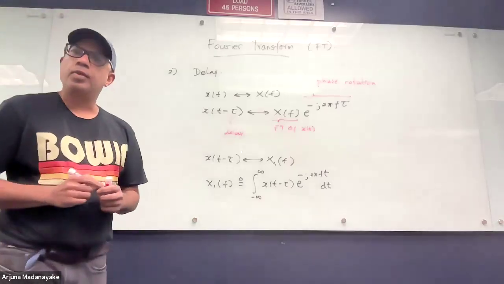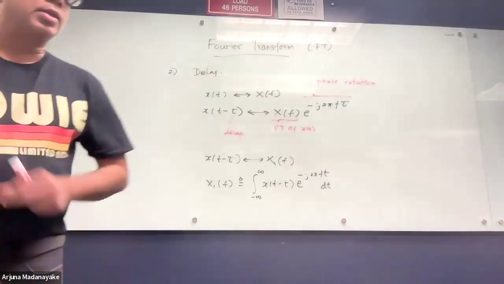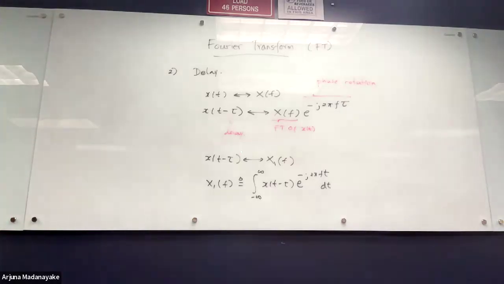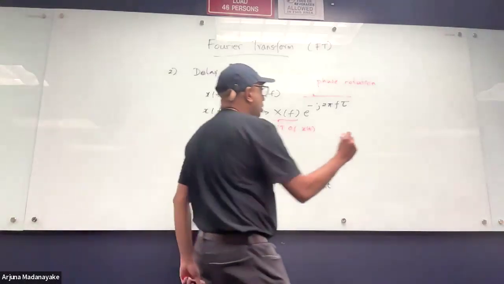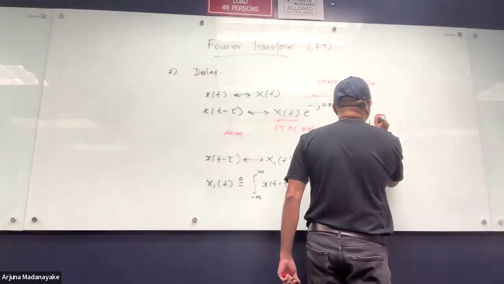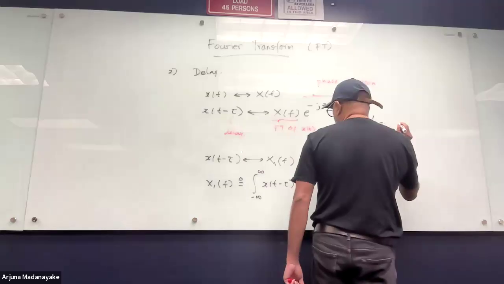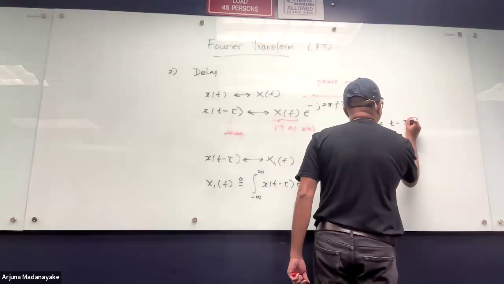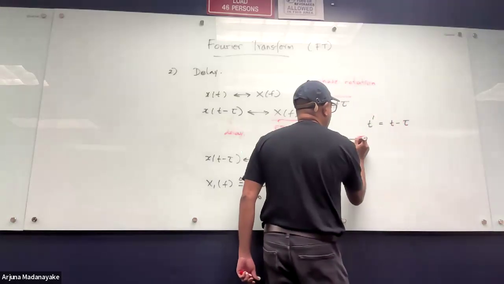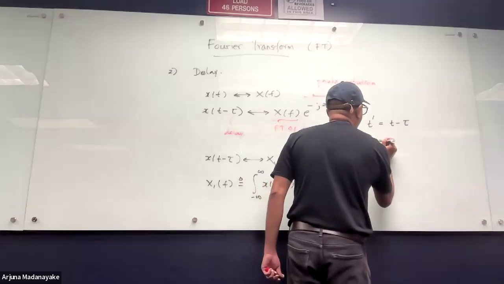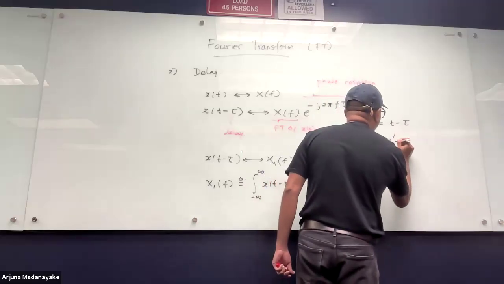That's by definition. So what I'm going to do is define a temporary variable. Let's say t dash is equal to t minus tau, which means that t is equal to t dash plus tau.